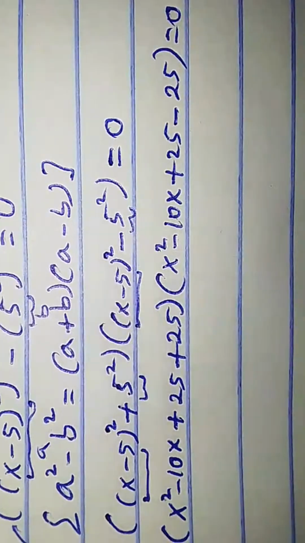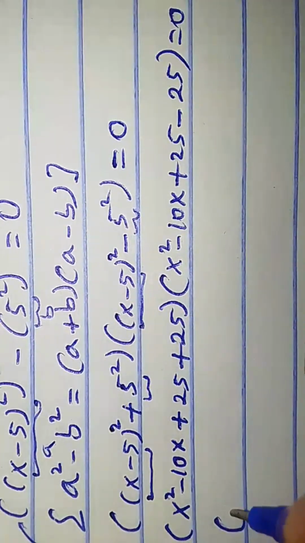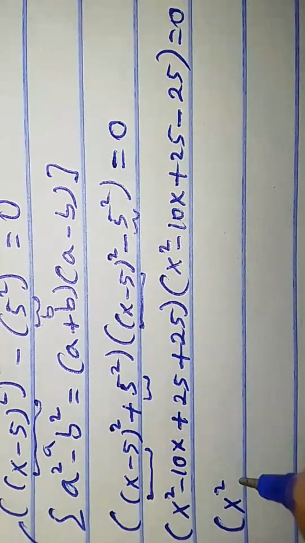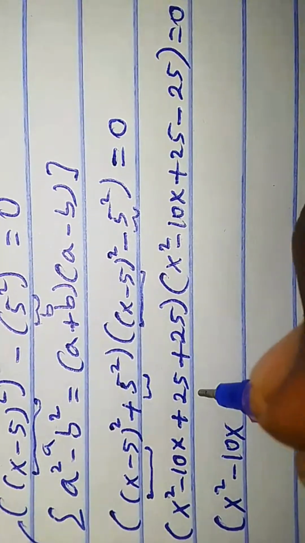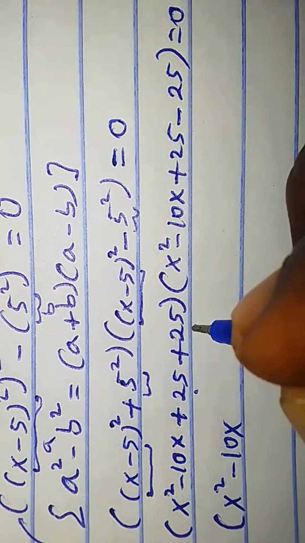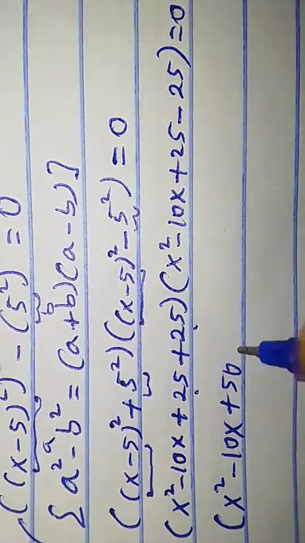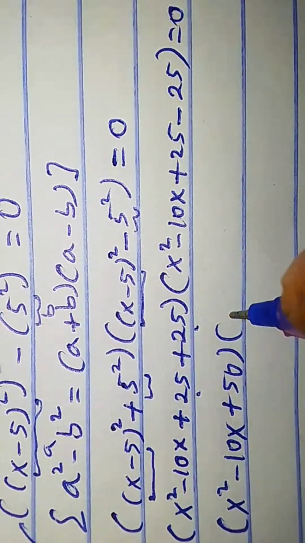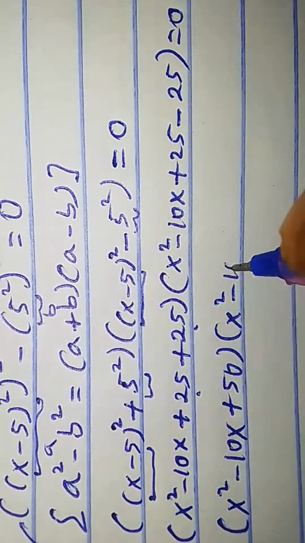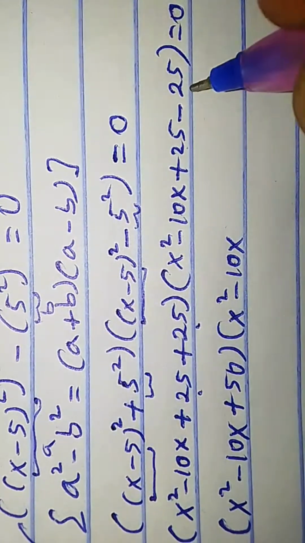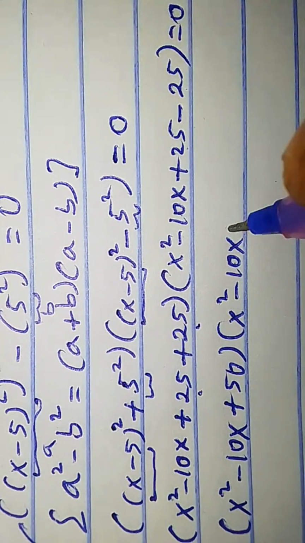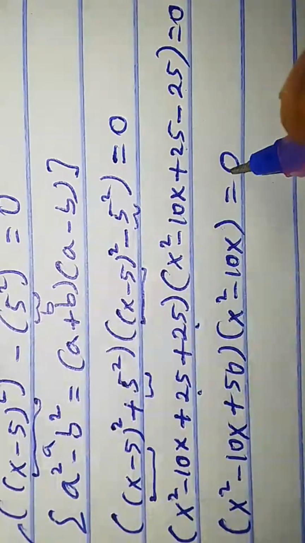Let's proceed further. So we have (x² − 10x + 50)(x² − 10x + 25 − 25), that is 0. So close the brackets, equal to 0.